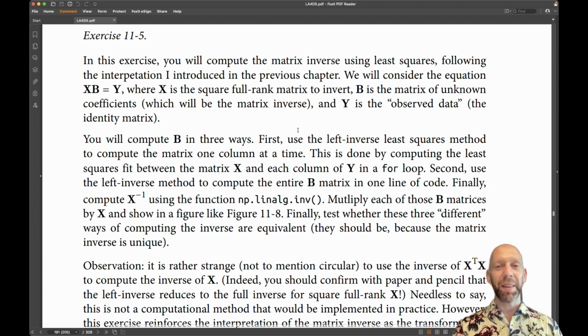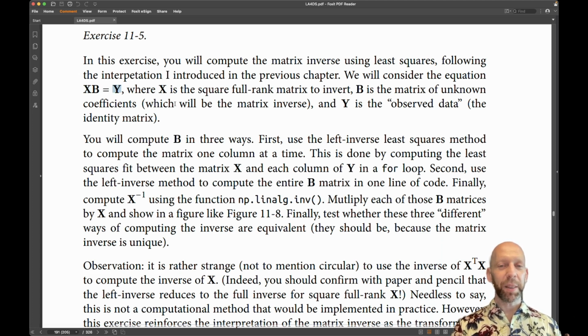But conceptually, I think this is a really nice way to form links across different concepts that you are learning about in linear algebra. So with that in mind, that is really the goal of exercise 5 here, to implement this. Consider the equation XB equals Y. X is a matrix. We're thinking about it as a design matrix, but actually it's a square full rank matrix that you want to invert.